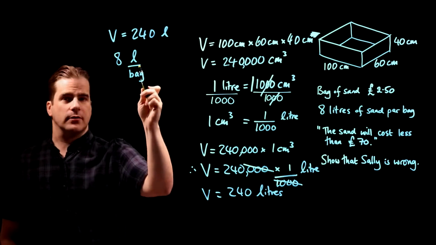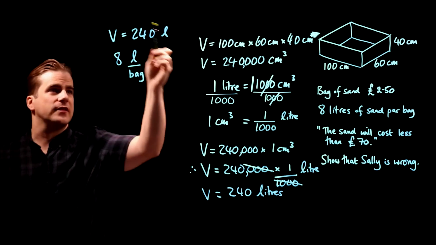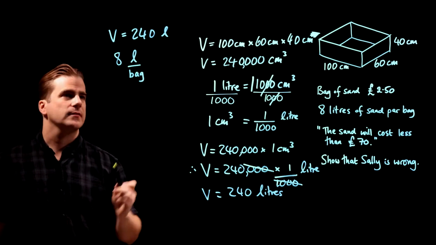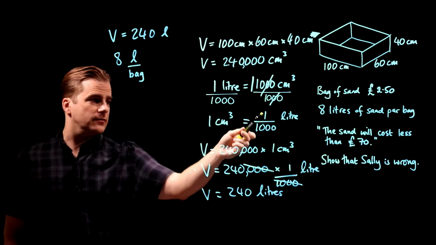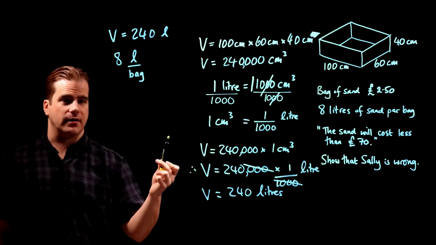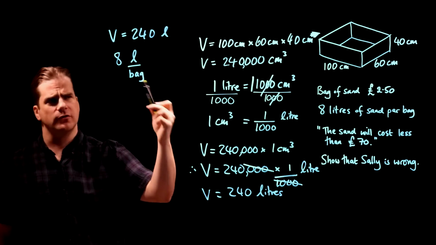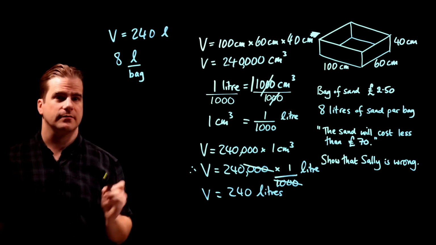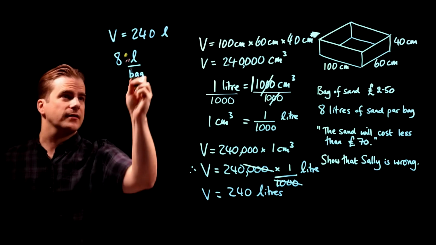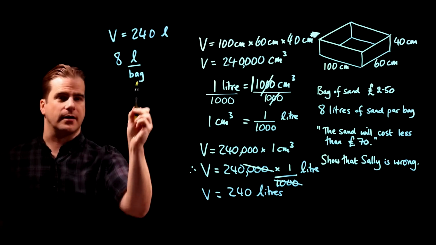Now, we're trying to work out how many bags we need with this information. Look at the units. It's a similar thing to this, faffing with the units to get the right answer. If you're not sure whether to divide 8 by 240 or 240 by 8 or multiply 8 by 240, just look at the units, okay? That's why you should write the units out like this, litres per bag, litres divided by bag.